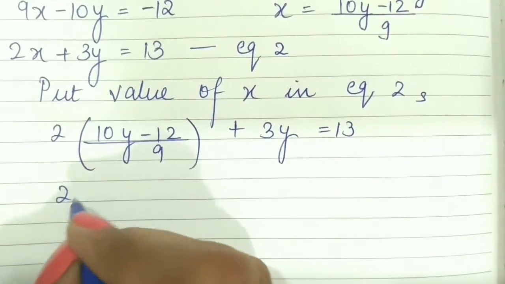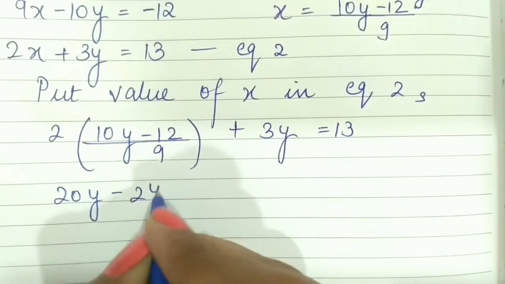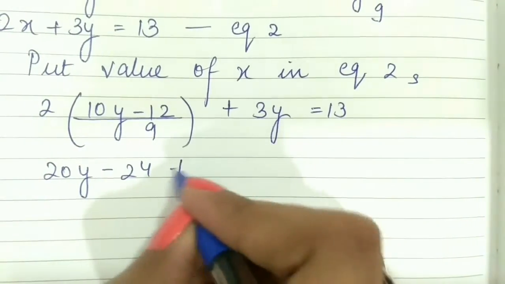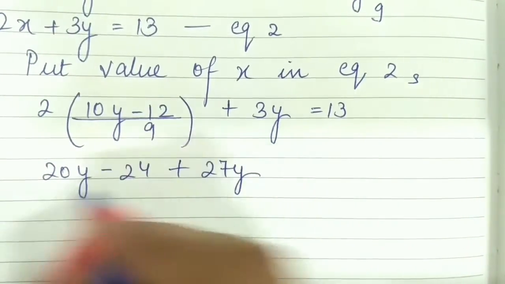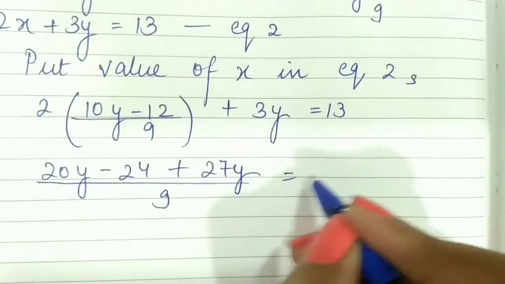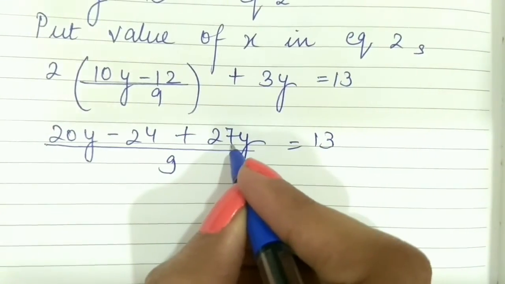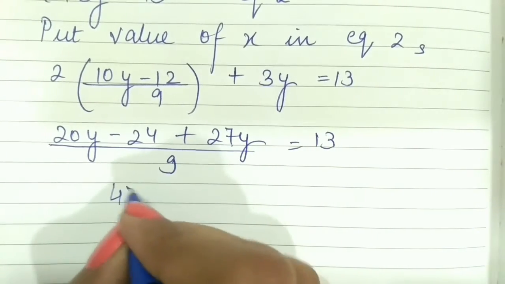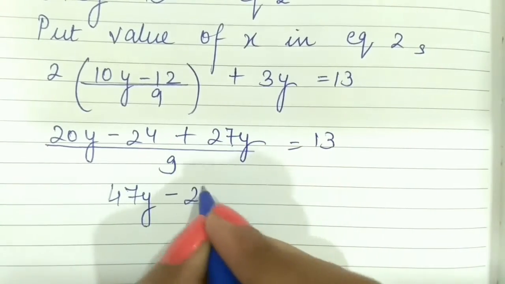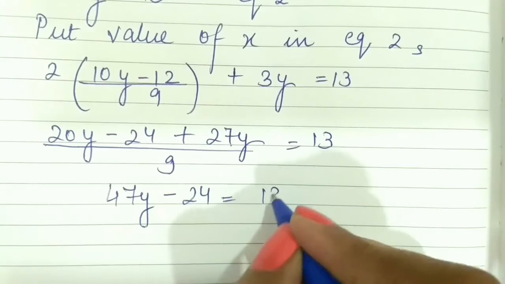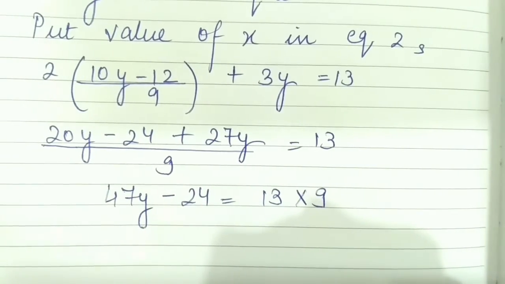It will become 20y minus 24 plus 27y upon 9 equals 13. 20y plus 27y will become 47y minus 24 equals 13 multiplied by 9.